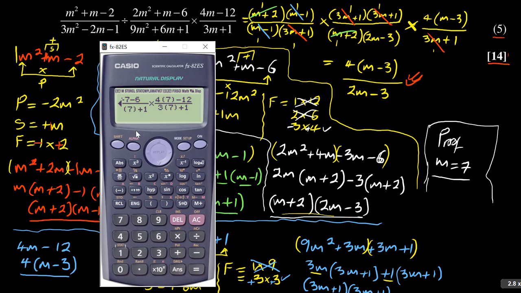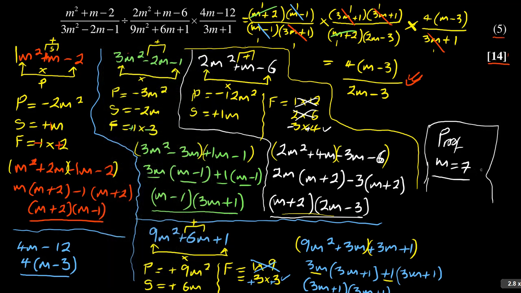So this is what I do, wherever there was an m, I was putting a 7, and then I get my answer. You can see it says my answer is 11 over 16. So with that, I get my final answer as 11 over 16. Was it 16 over 11 or 11 over 16?